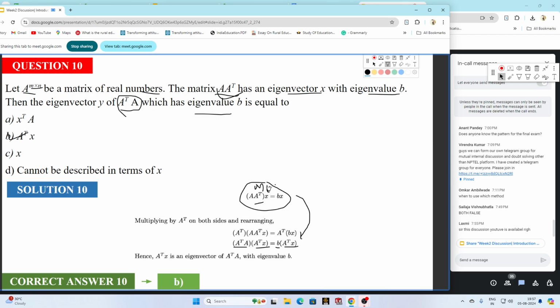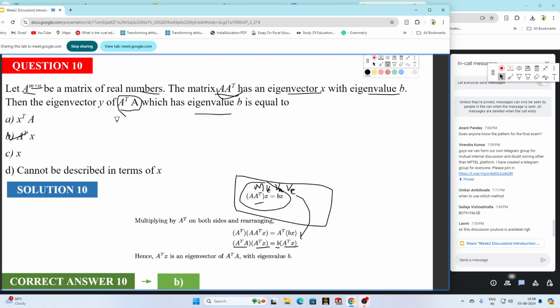Let me write VE for the vector and VA for the value. So matrix times eigenvector is equal to eigenvalue times eigenvector. This V is your vector, VA is your value. This is applicable for all matrices.